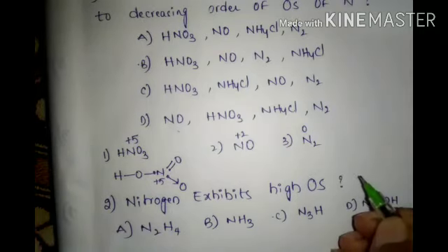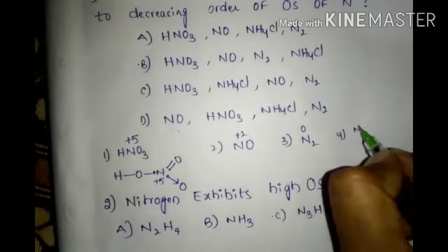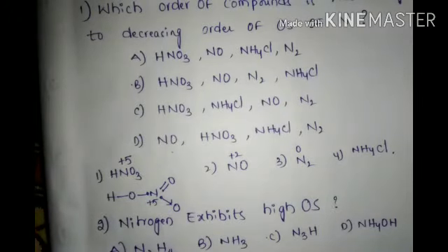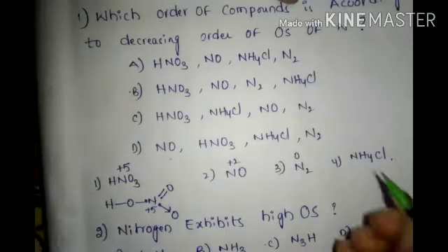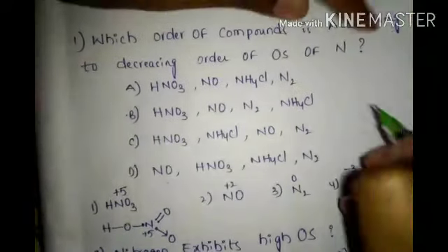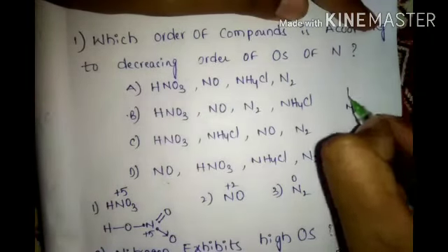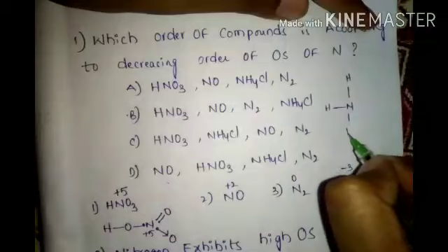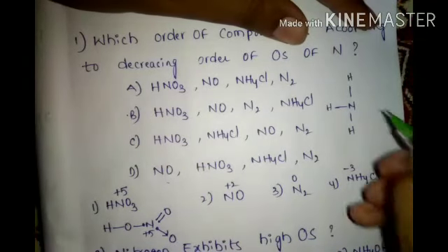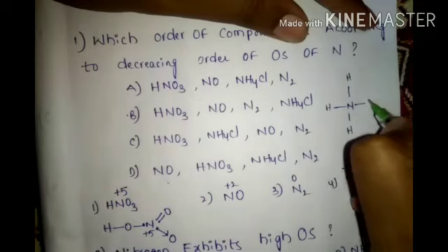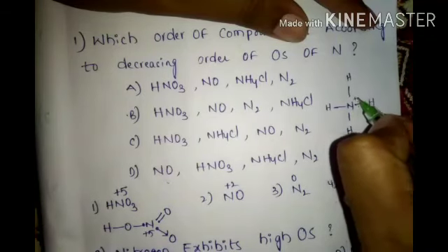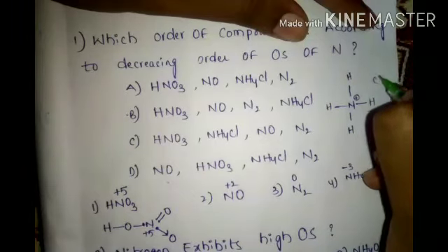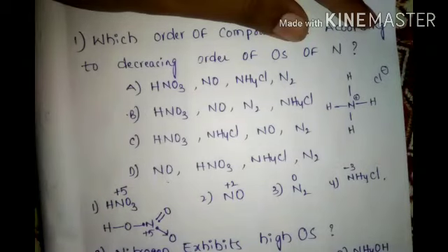Now the fourth one, NH4Cl. What is it? This is -3. How? NH3, then an extra H comes, so a positive charge will come. Now Cl minus, negative charge.